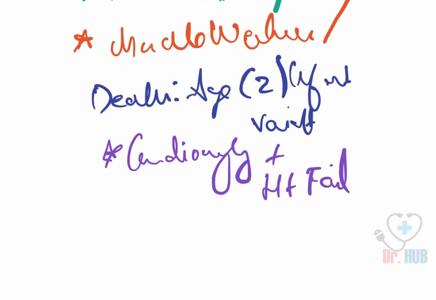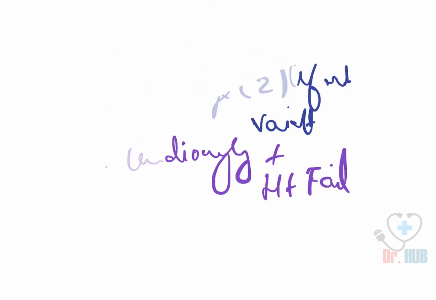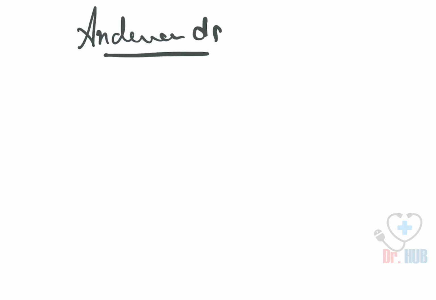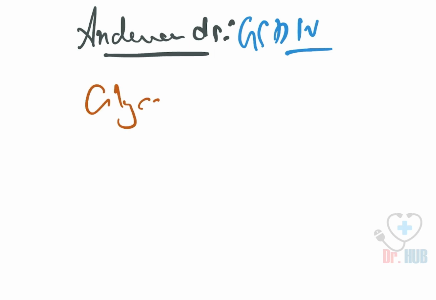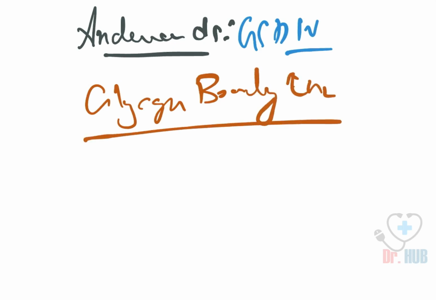The last question we asked was, what is Anderson's disease? Anderson's disease is nothing but the GSD type 4, and here the defect lies in the glycogen branching enzyme. And what are the features? It includes failure to thrive.